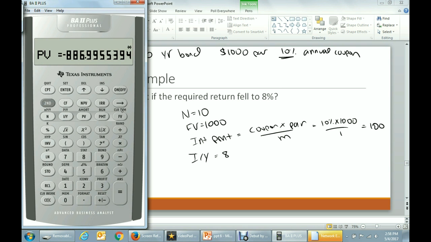So clear your time value of money. Okay, so we have 10 years. Oh, I messed up, sorry. 10 years. Current market rate is 8, whole number 8. Payment is 100. Future value is 1,000.